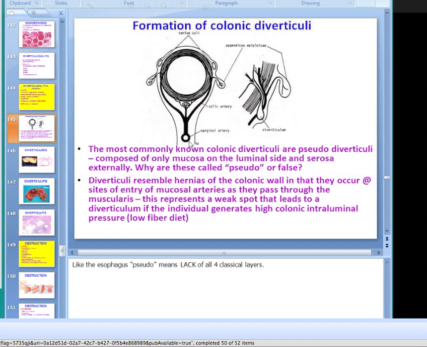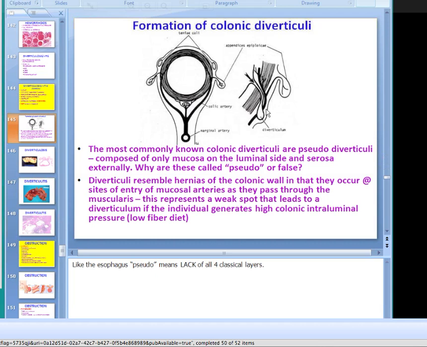Usually a good gross exam is good enough. How do they form? Well, if you remember, when you have your mesenteric vessels out here branching, the colic artery branches perforate from the serosa into the submucosa.